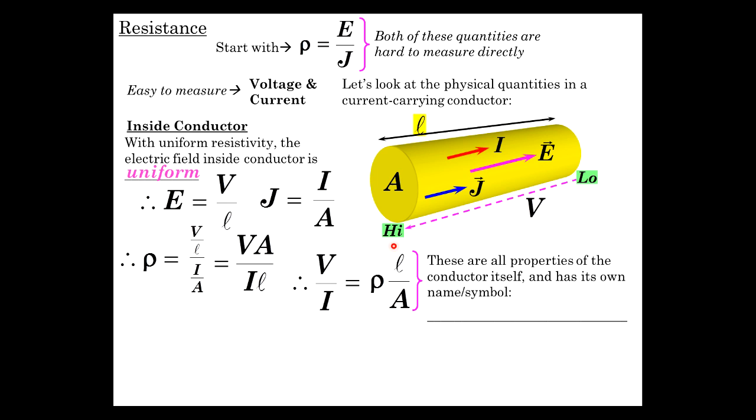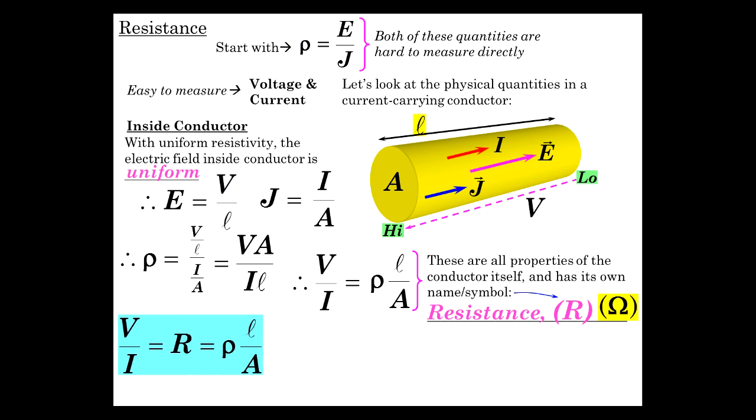All these parameters here, rho, L, and A, are properties of the conductor, not quantities flowing or that the conductor is subjected to. And that rho L over A combination is called resistance, R, and the symbol for that is omega. So that's how we define resistance.